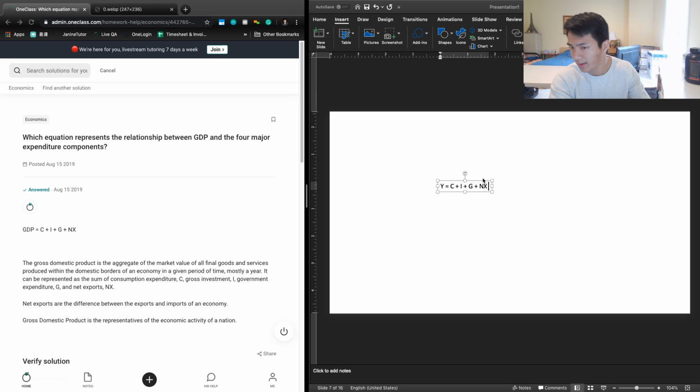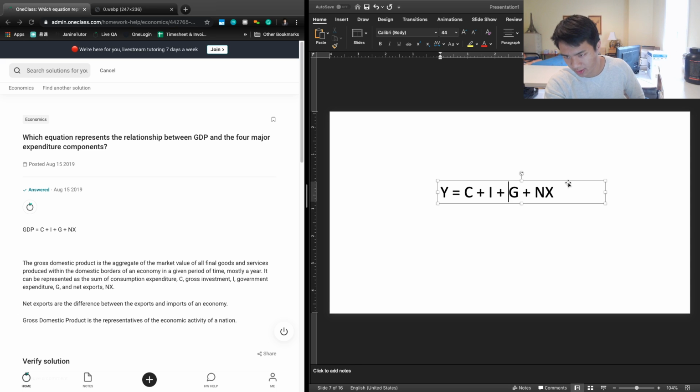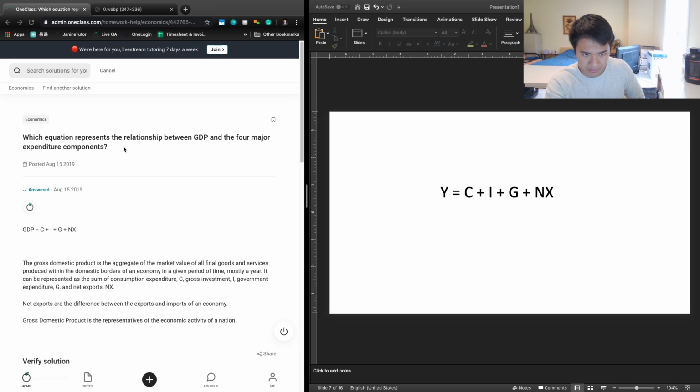So this is the expenditure approach to calculating GDP. C represents consumption, I is investment, G is government spending, and net exports is exports minus imports. If we add up all these things together, these are the expenditure components for GDP.